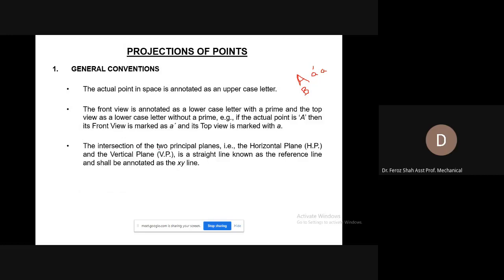The intersection of two principal planes, that is the horizontal plane, also abbreviated as HP, and the vertical plane or VP, is a straight line known as the reference line and shall be annotated as the XY line.